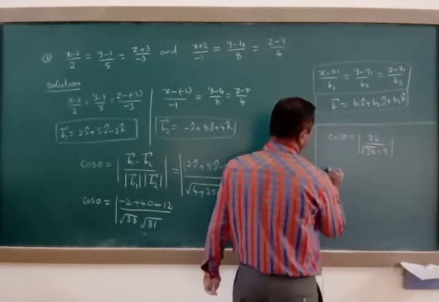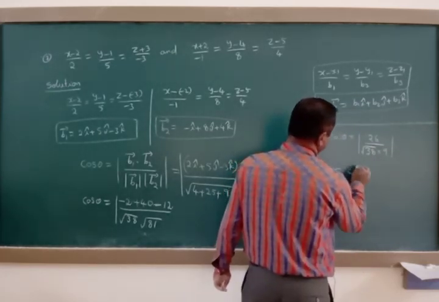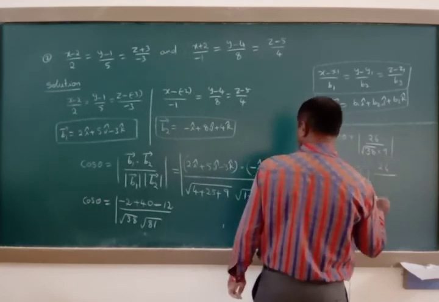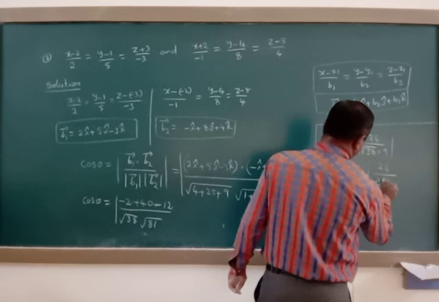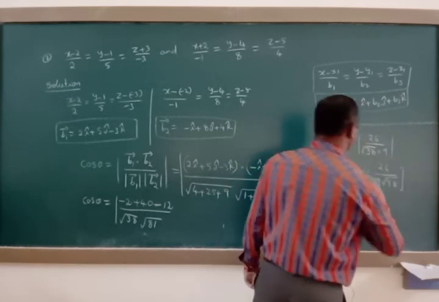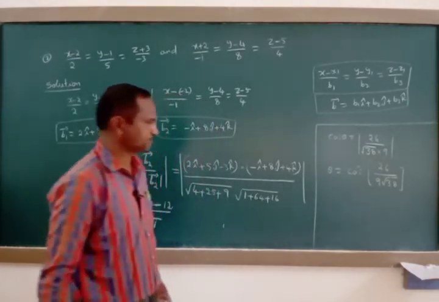So theta is equal to cos inverse of 26 whole divided by 9 into square root of 38. It is the angle between the two skew lines here.